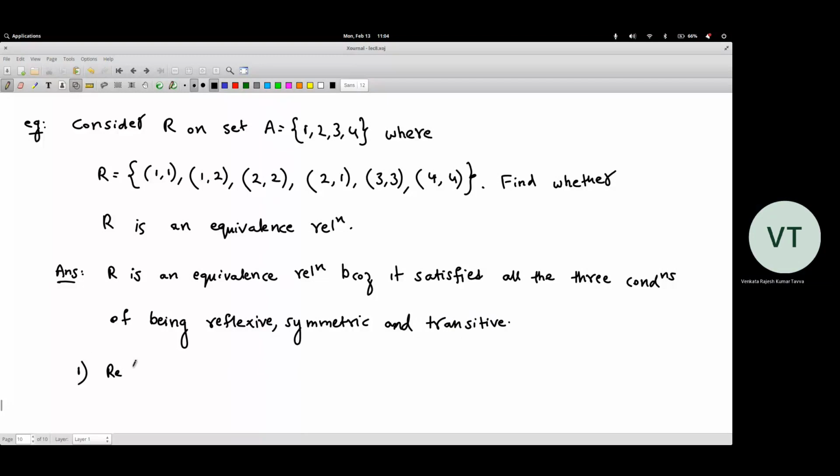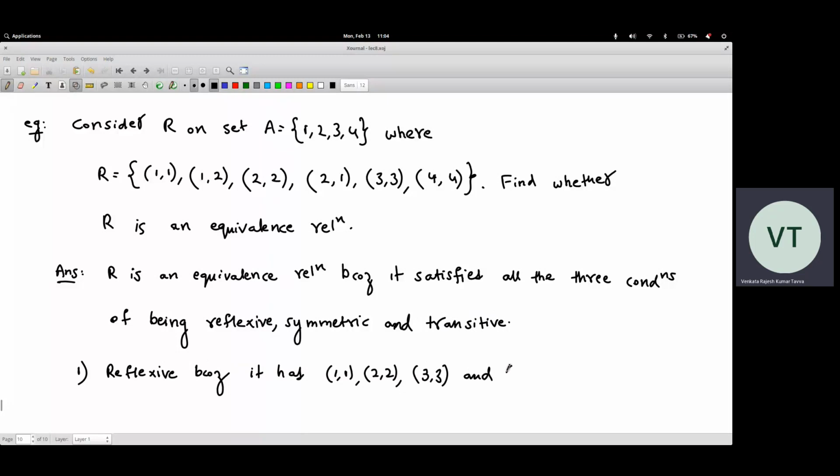So first, reflexive, because it has 1 1, 2 2, 3 3, and 4 4.